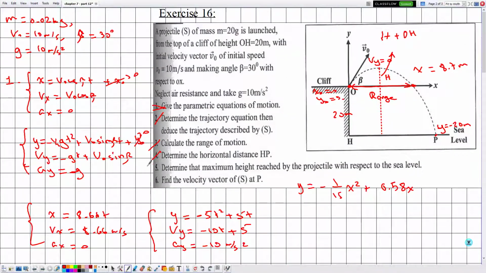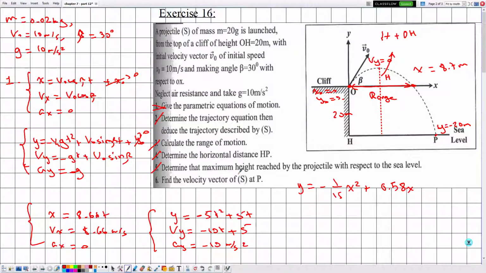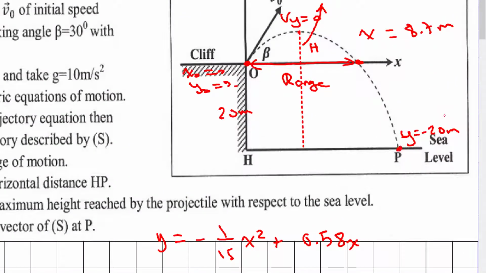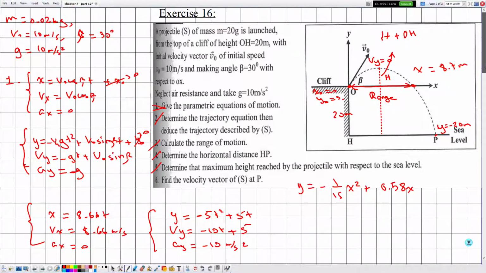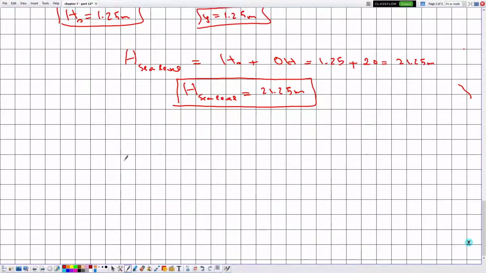We are done with part 5. Now in part 6 they are telling me to determine the velocity vector of s at P. What does P represent? P is this instant, and the velocity vector is given by v is equal to vx i plus vy j.